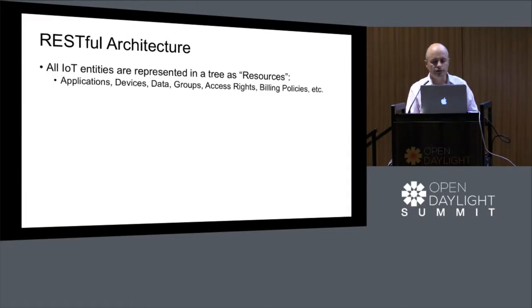In RESTful architectures, all entities are represented as a resource in a tree. And so an application is represented as a resource, a device, a data group, access control lists. This IoT tree holds everything you need to create your solution.